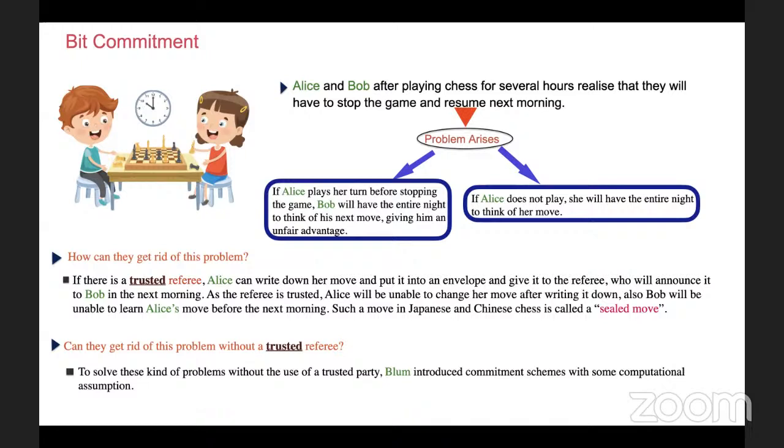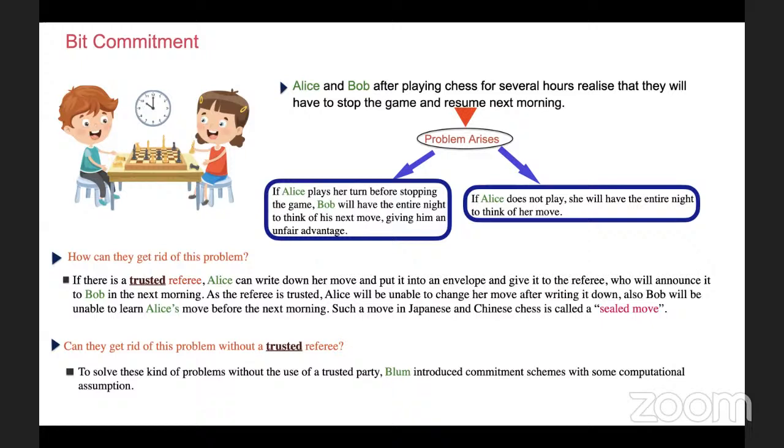Because we are assuming that the referee is trusted, Alice will not be able to change her next move once she gives it to the referee, and Bob will not be able to know what Alice has written in the envelope till the next morning. These kinds of games are actually played in Japanese and Chinese chess, and it is called a sealed move.